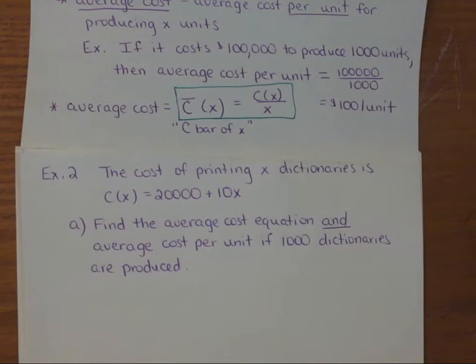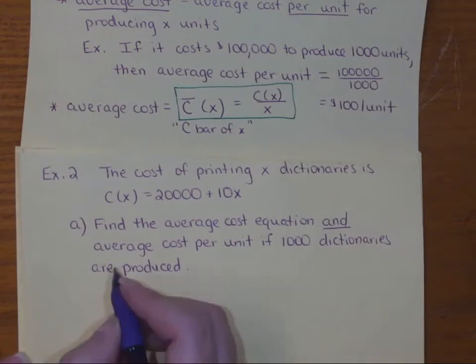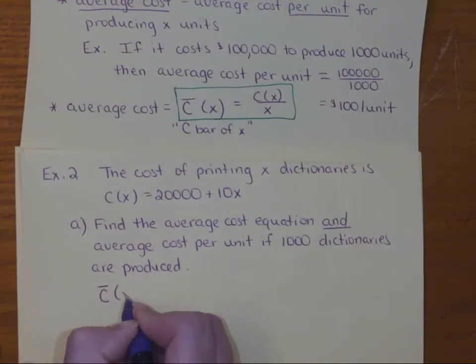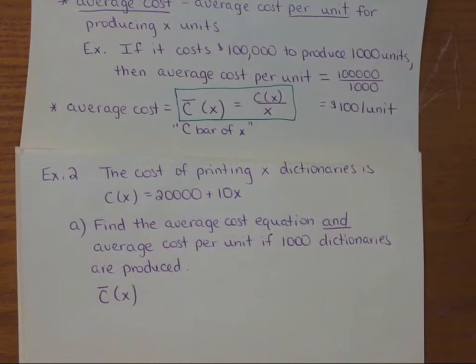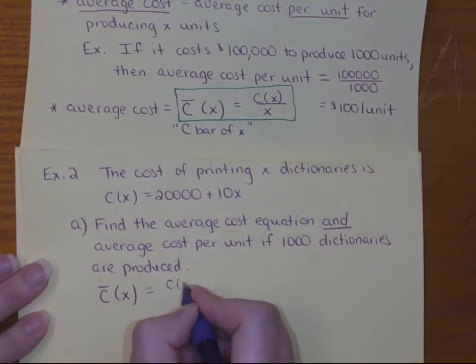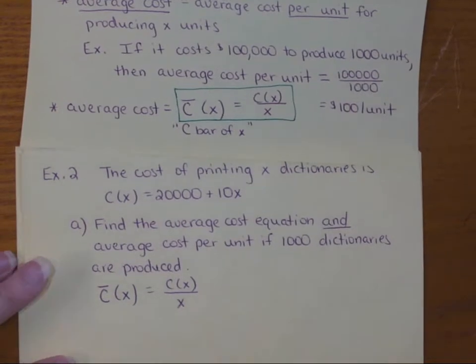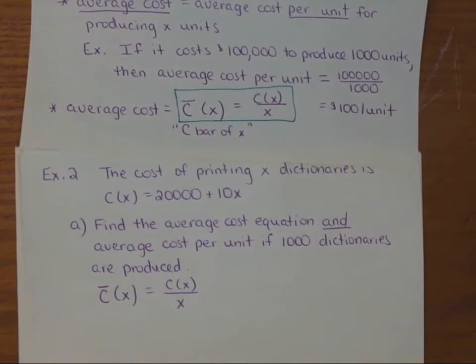Remember our notation for average cost. We represent that with C bar of X, not just C. The formula for that is the total cost function divided by however many items we have.